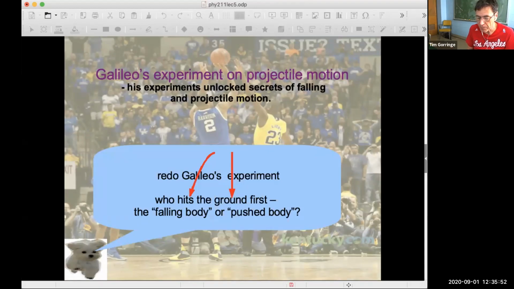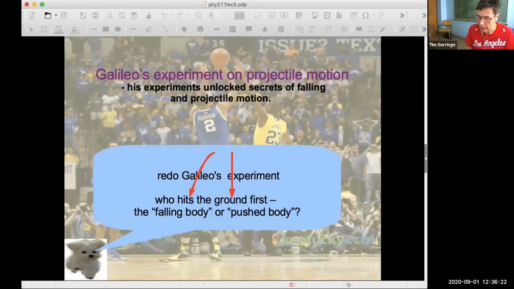And the experiment, as I say, compares falling body motion with a projectile motion. And specifically, what it involves is two steel balls sitting on a platform. One on the left of the platform, one on the right of the platform. And one of them is just dropped from the platform, the one on the right.